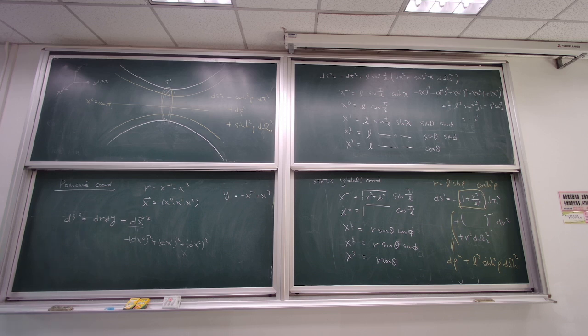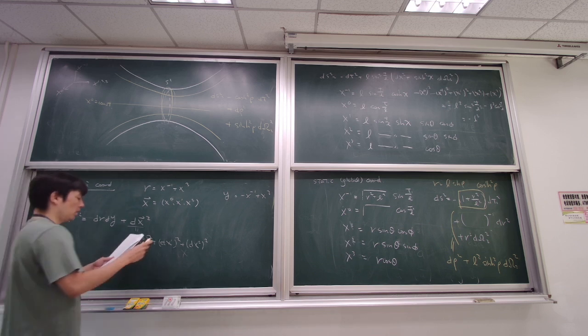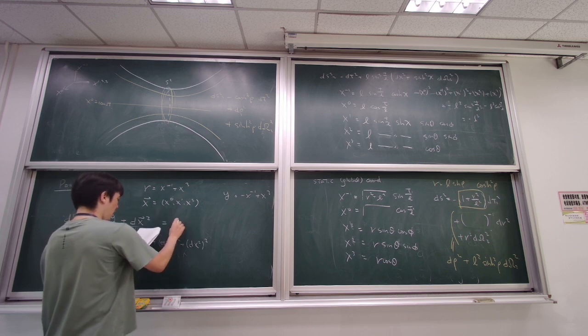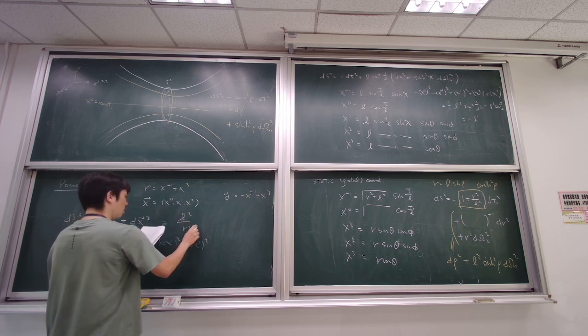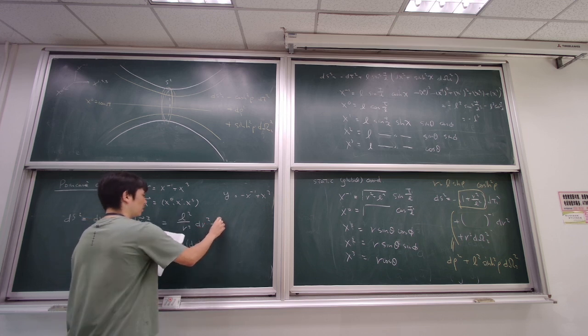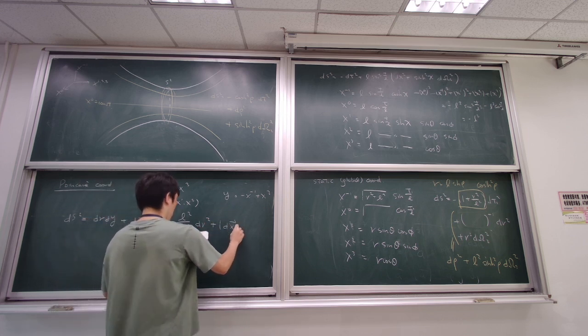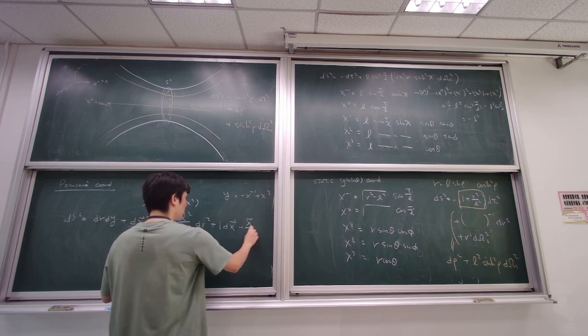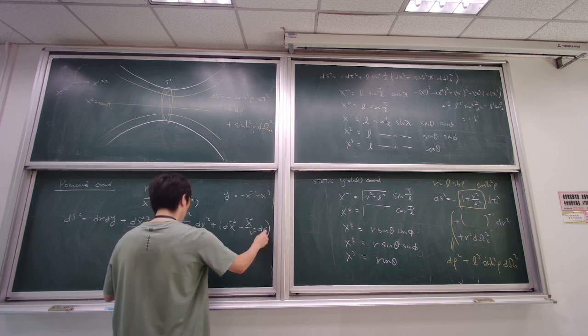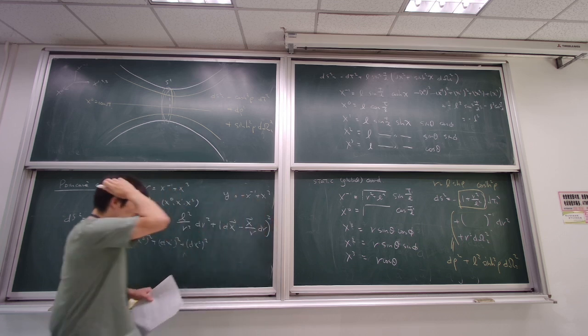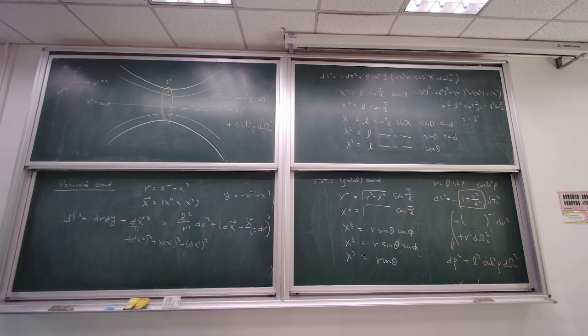Or one can write the metric as L square over R square, dR square plus dx minus. So this is one way to write down the metric.